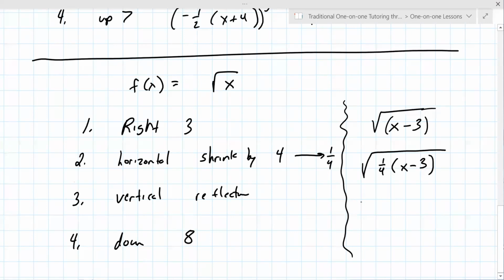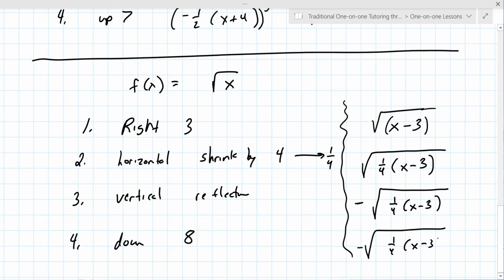The vertical reflection is a negative on the outside. And then down 8 is adding to the end. So outside of it, it's a +8. Is that your final answer for that one? Yes. Great. Let's do another one.